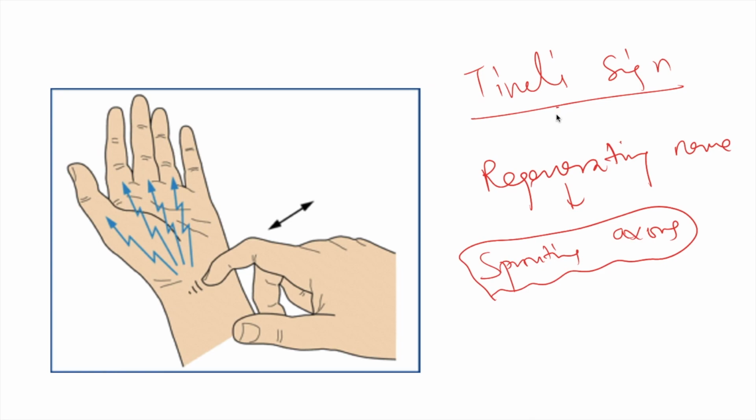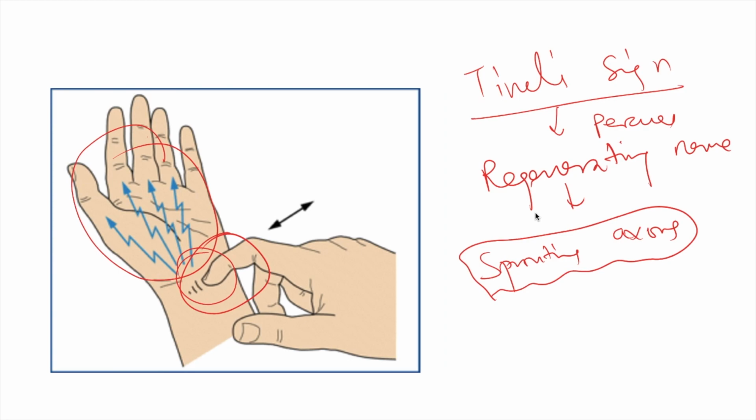So basically Tinel sign is when you tap or percuss. You can see the finger that is percussing here. When you percuss on a damaged nerve where there are sprouting axons at the end, this causes a current shock like sensation in the area supplied by the nerve or at the point of the damage to the nerve, and this is called the Tinel sign.